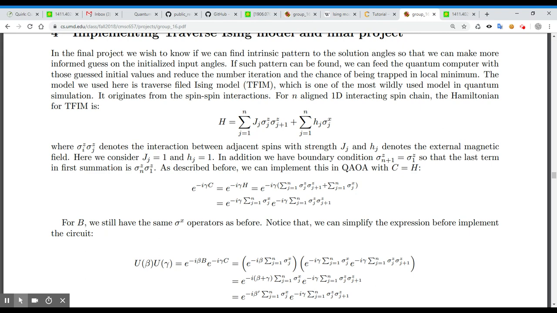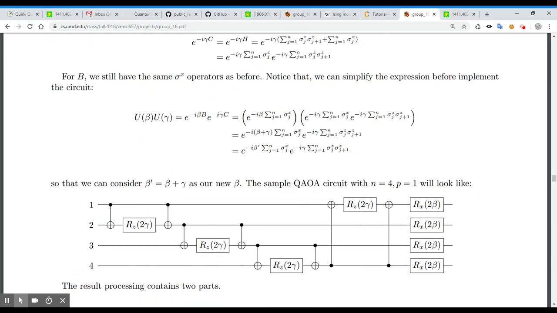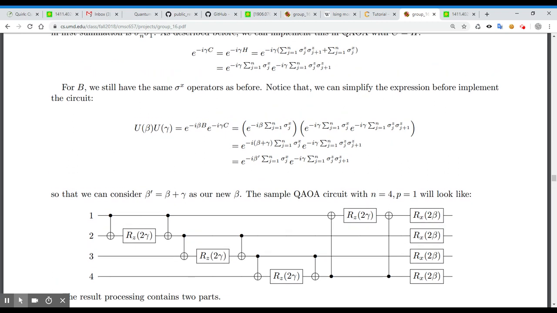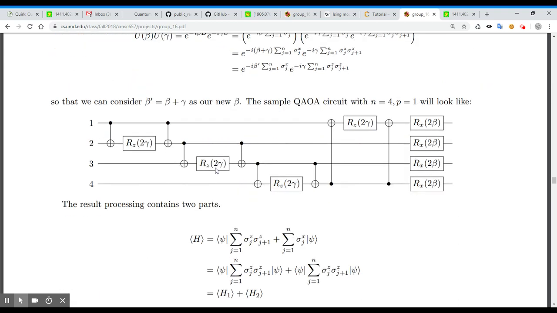We can implement this in QAOA with C equals H. Then they go with a bunch of notation in here, and they basically come up with this circuit where it's pretty similar, but here you've got, it's not clear to me what's the starting state, and here you've got control NOTs and then Z rotations.